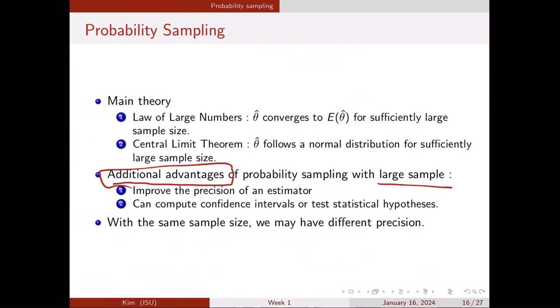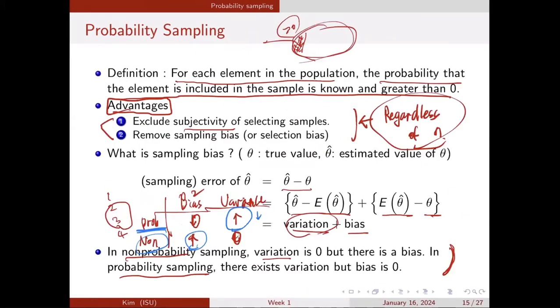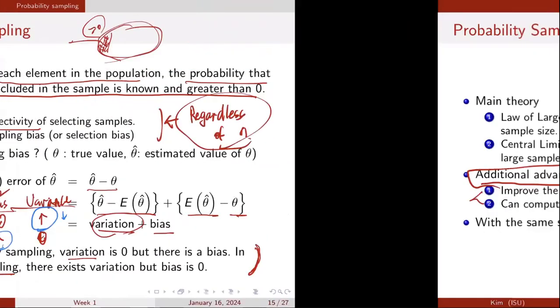Okay. So basically, two things. The additional advantage is that if we increase the sample size, we know that variance decreases, so that we can control the precision within certain level.